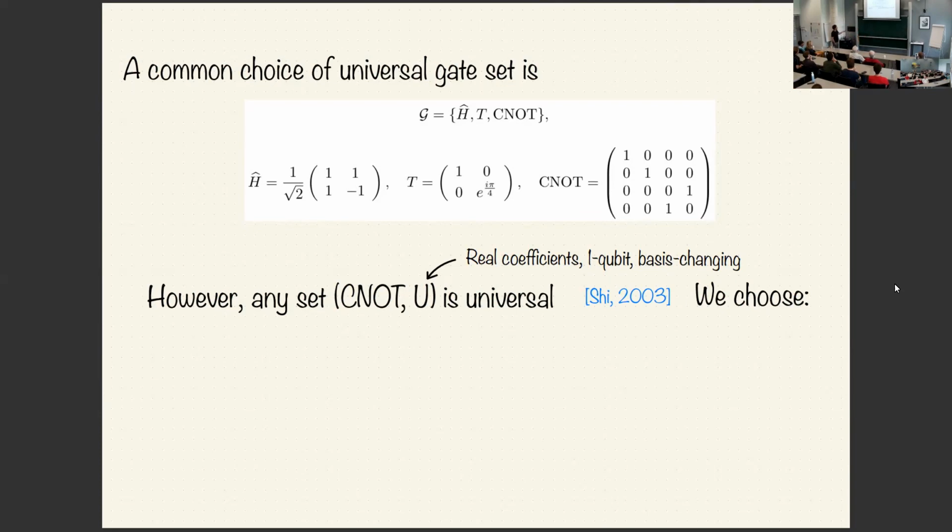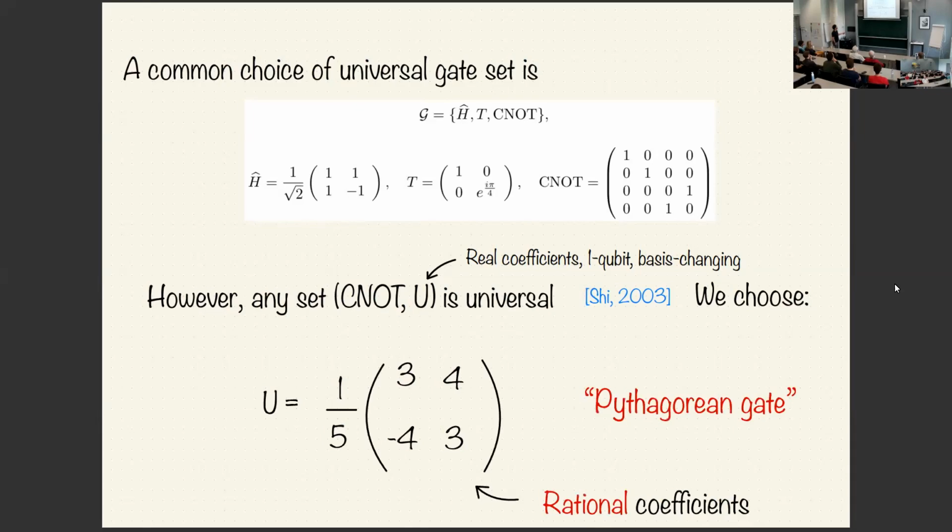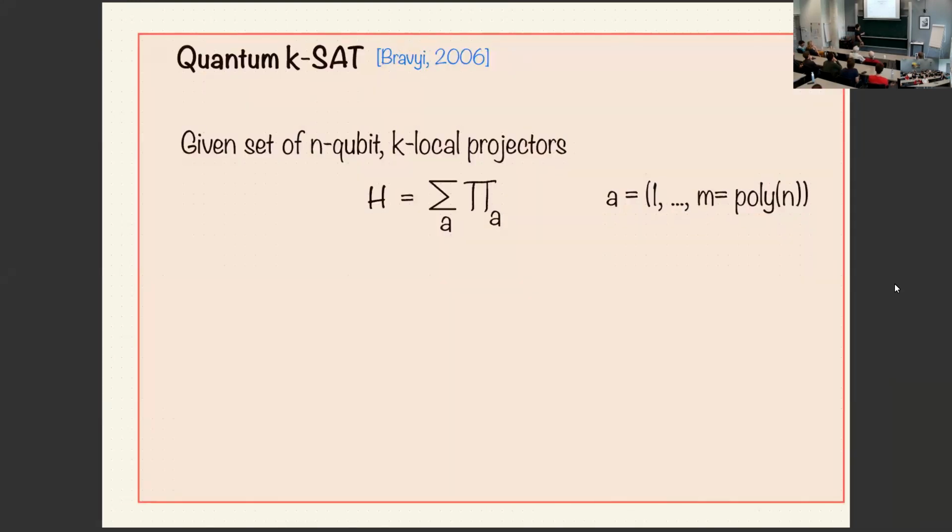As long as you have that U, you can combine it with CNOT and you have a universal gate set. So for reasons that become clear later, I'll use this gate, which, as far as I know, I haven't seen in the literature. It's called a Pythagorean gate for obvious reasons. The reason for 3, 4, 5 up here is that you want it to be unitary. That is ensured by this old theorem by Pythagoras. And furthermore, you have rational coefficients here, and they're real, rational. Okay, so this is good. I like this.